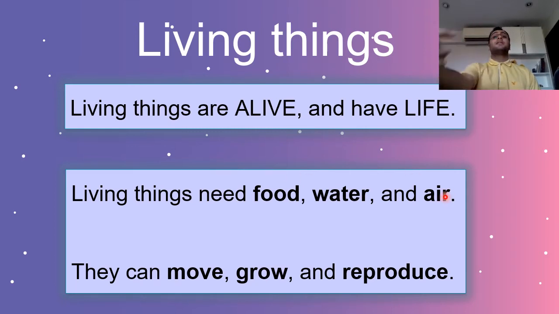Same as you, same as me. I need food. If I don't eat food, I die. I need water. If I don't drink water, I'm going to die again. I need air. If there is no air, I cannot breathe. I die. So all living things need food, water, and air.